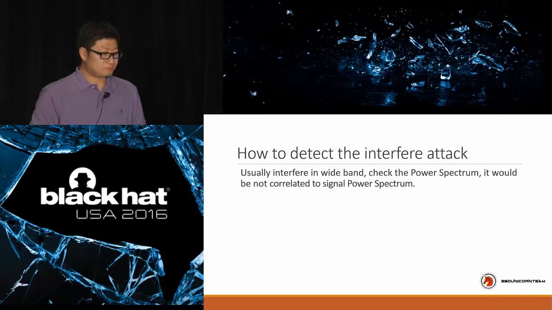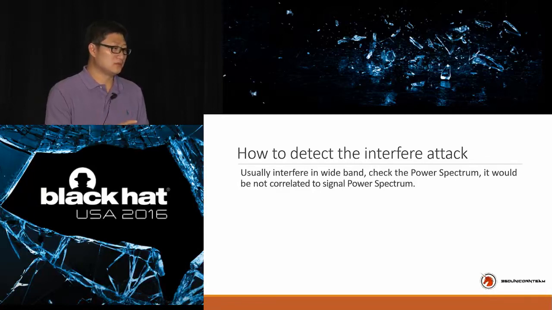Finally, I will talk about how to identify the interference attack. The interference attack is a kind of denial-of-service attack. Because of the interference, the node cannot respond to the service.